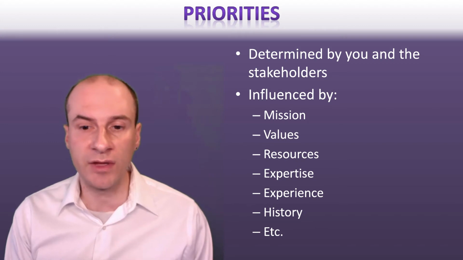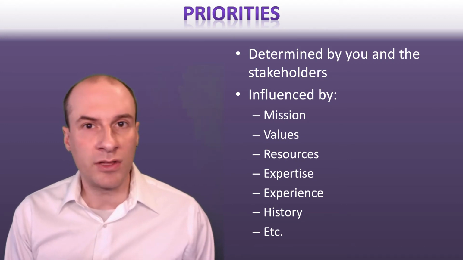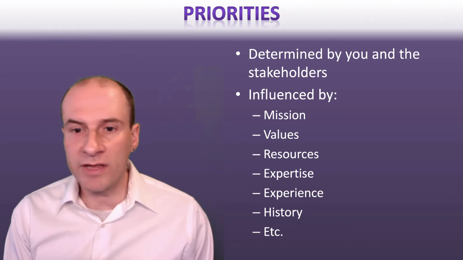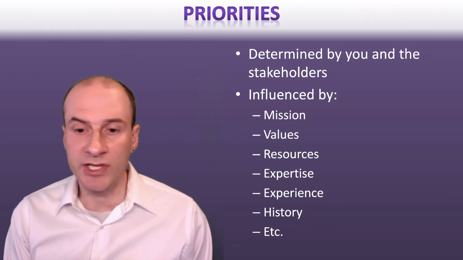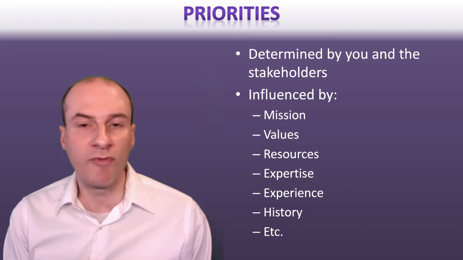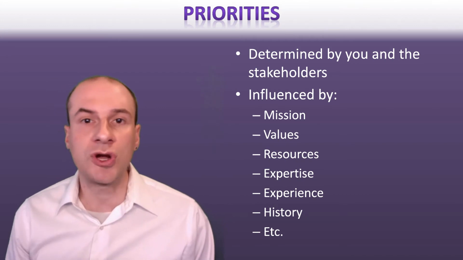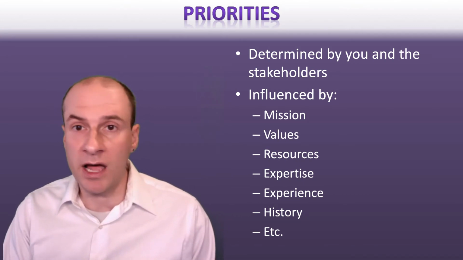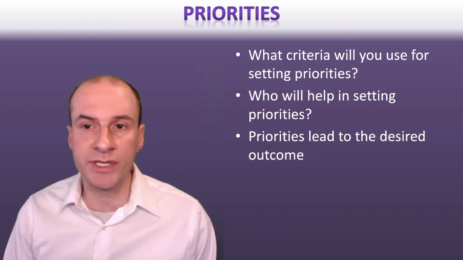The priorities will vary based upon what your institution is trying to do, what resources and expertise you have, and the history of having tried to deal with this before. There's a range of different things that will determine this, and that's going to be a conversation between you and your stakeholders.